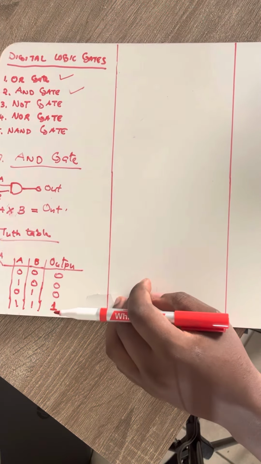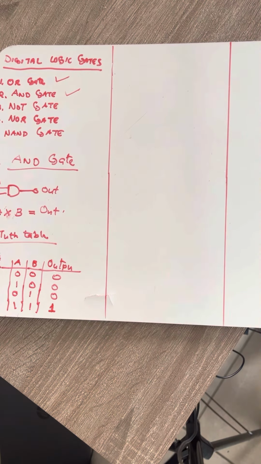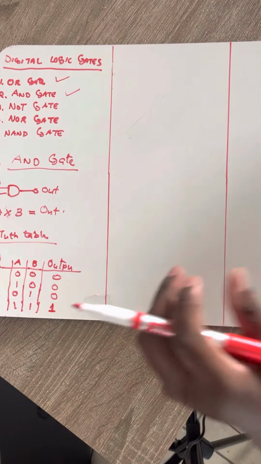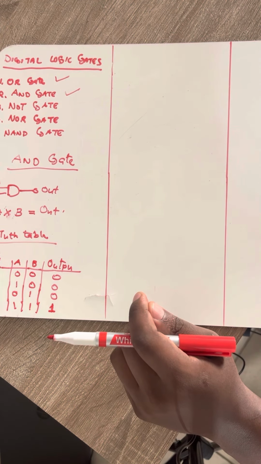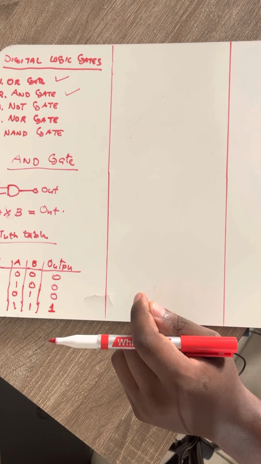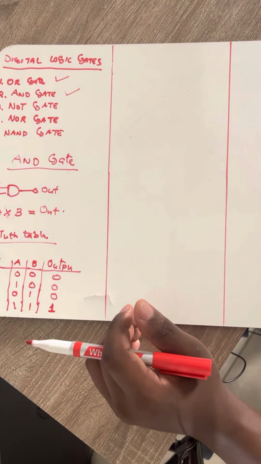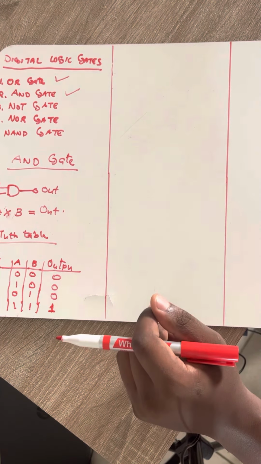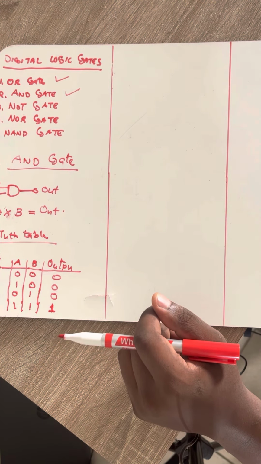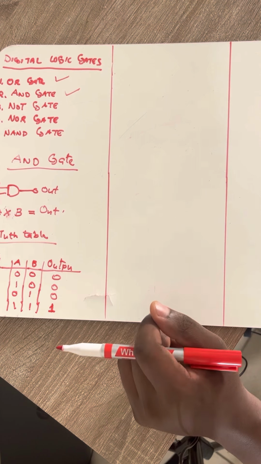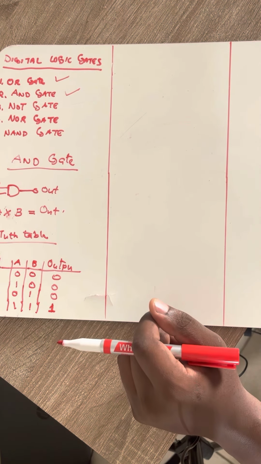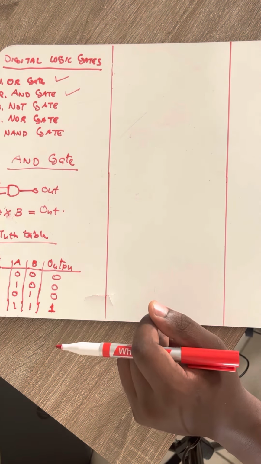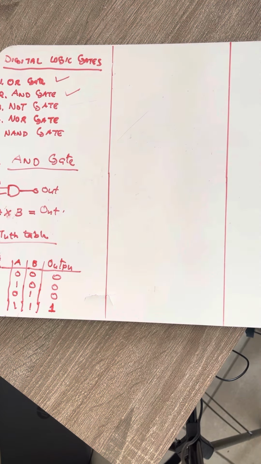Now let's draw a circuitry representation of what we are talking about. On the OR gate, we saw there were 2 parallel switches, so if one is true, the other one doesn't need to be true for the output to be true. In the case of an AND gate, it's the opposite, so we will have 2 series switches.